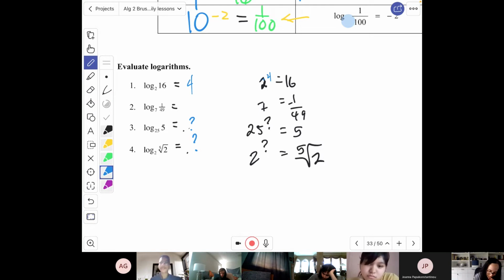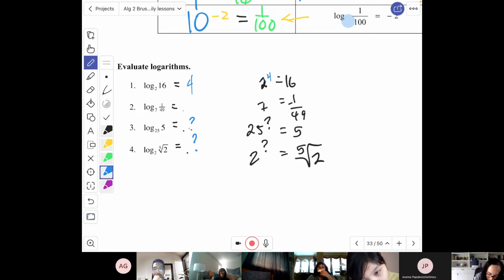I think the next one is 1 over 7. 1 over what? 7 to what power is 1 over 49?